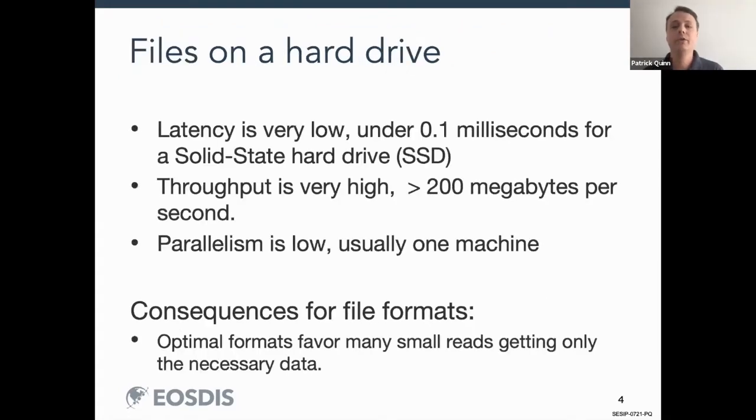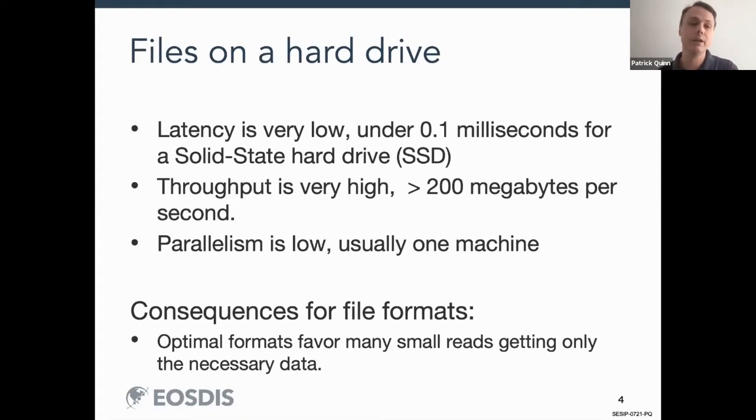On a hard drive, the important takeaway here is that reads are really cheap. You can perform a lot of small reads and you're not going to notice it if you're churning away and reading a lot of little things because latency is very low. For SSDs in particular, it's extremely low. Throughput's very high.